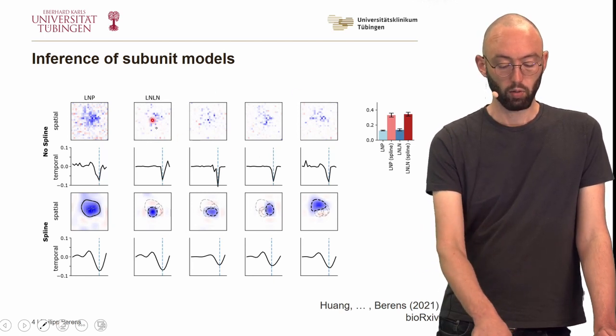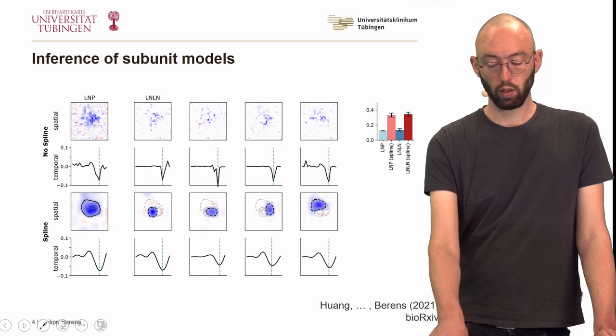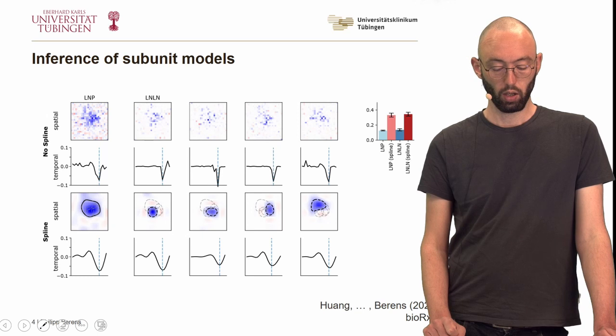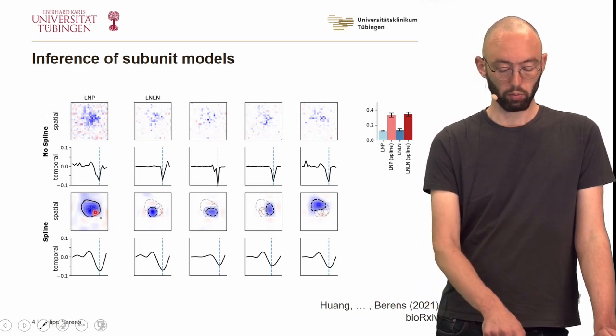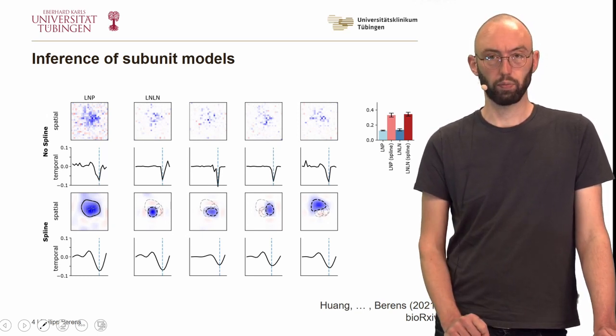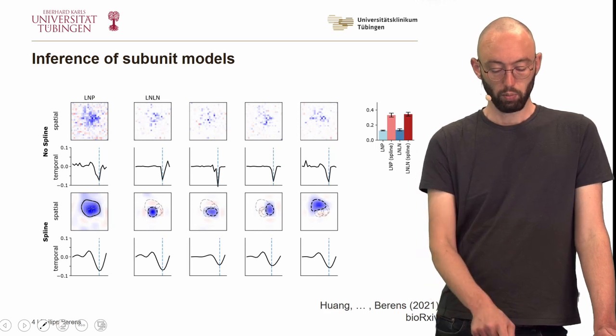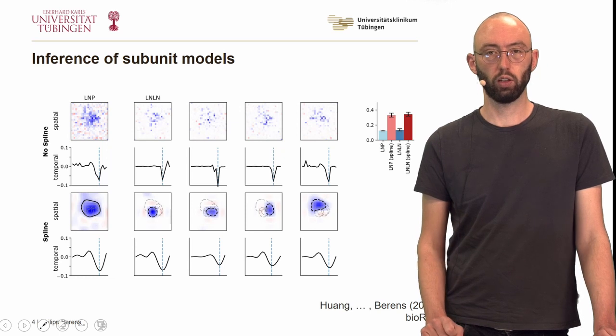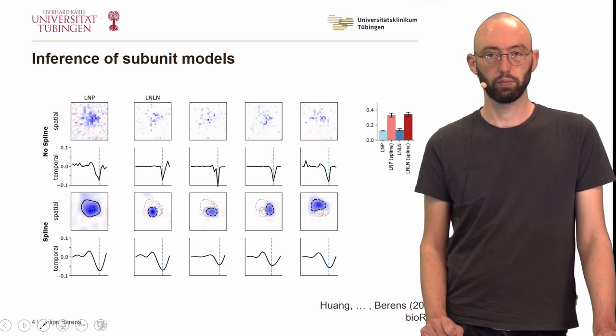And you can see that with the amount of data we have available, these subunits are quite noisy and come out very faintly. If we use the spline basis, we can both get a better fit with an LNP model, but also get very nice and localized receptive fields for the individual subunits.